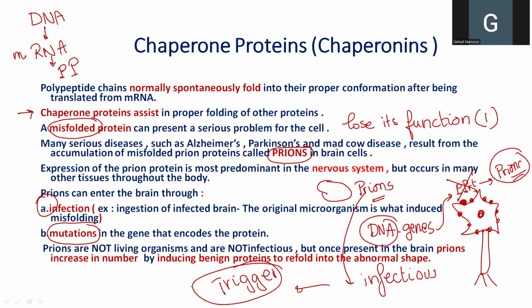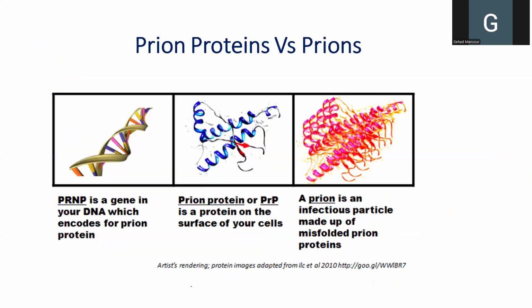But it's worth noting that even if the prion itself is infectious through triggering misfolding of the prion proteins, the first time the prions were formed was due to an original microorganism that resulted in misfolding.